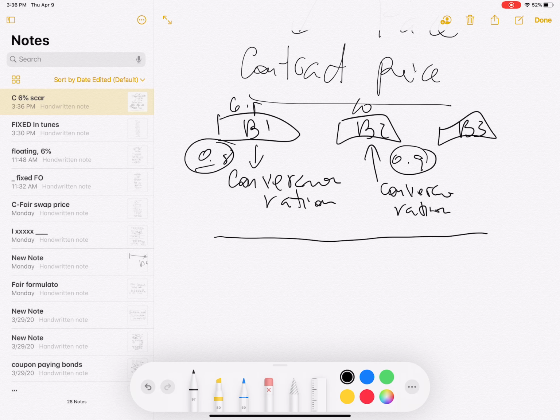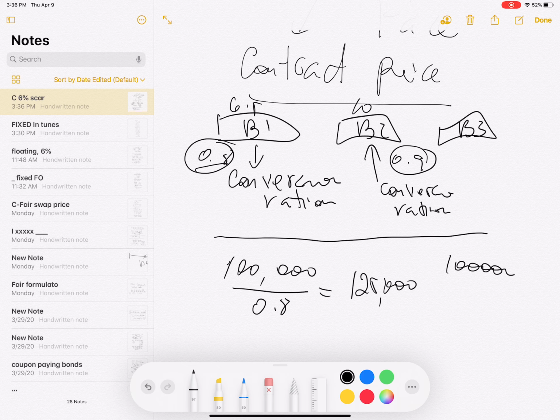So how much face value do you want to deliver here? The face value that you deliver here will be $100,000 divided by the conversion ratio of this bond, 0.8, so this is going to be $125,000. On the other hand, here you will deliver $100,000 divided by 0.9. So this is going to be 100,000 times 10 divided by 9.